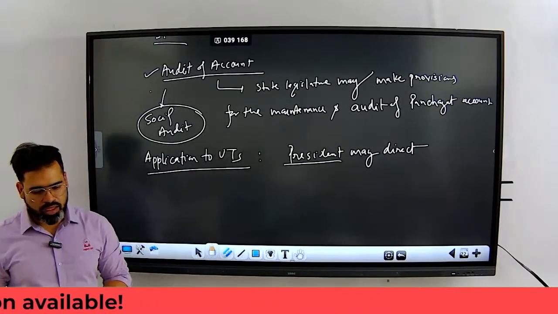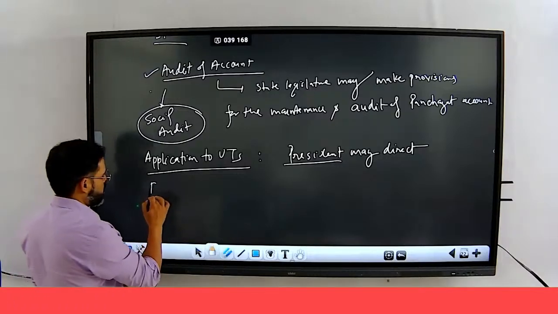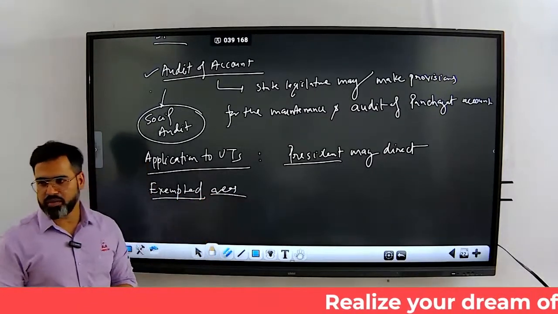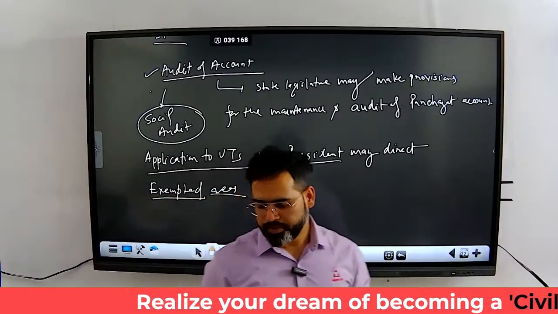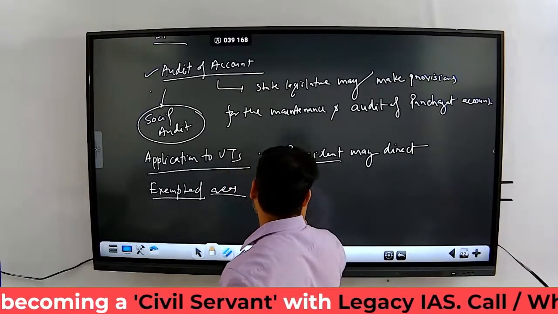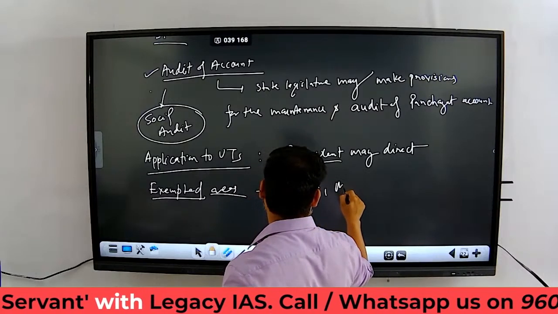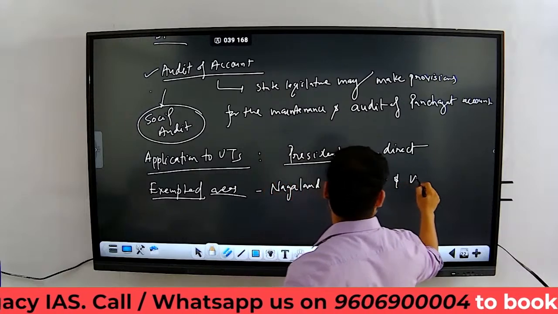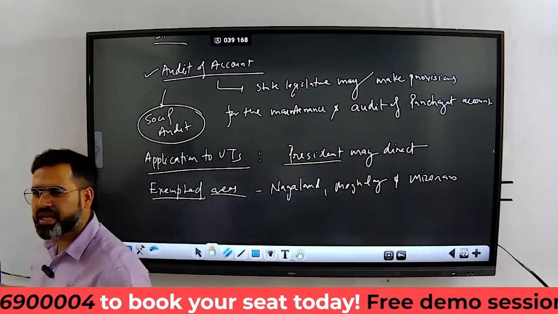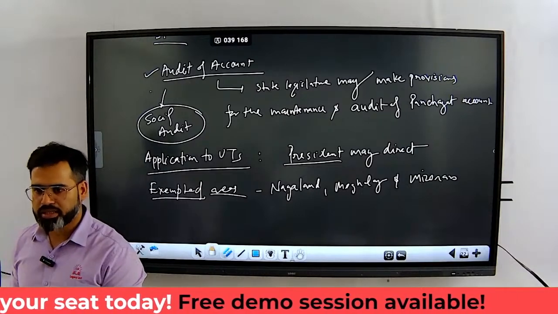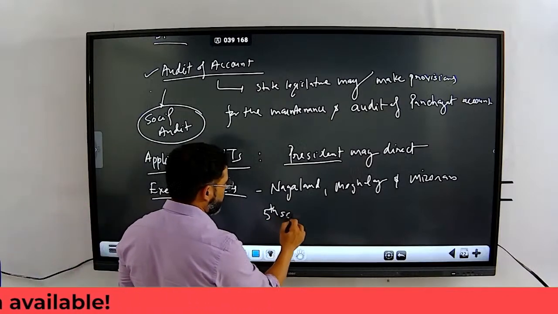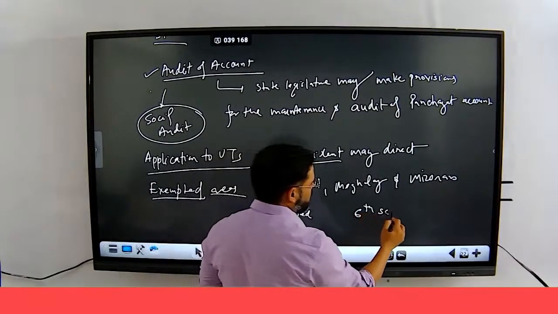Clear this? Now, some areas are exempted, where this 73rd Amendment will not be applicable: Nagaland, Meghalaya and Mizoram. The Act does not apply in these states, and in certain other areas, basically the 5th Schedule areas and 6th Schedule areas. For these we have a different system.